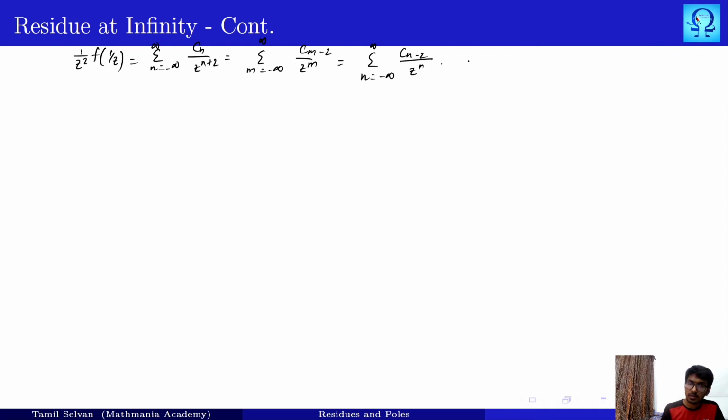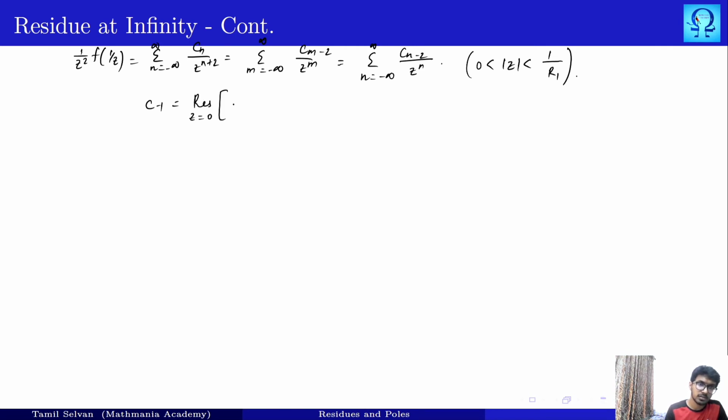Okay, this is valid in this region. Here, if you try to find out what is the value of c minus 1, that is the residue of this quantity, right? So put n equals minus 1 in expression 4.